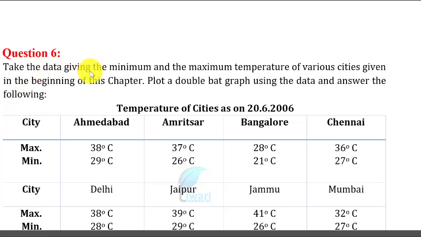Take the data giving the minimum and maximum temperature of various cities given at the beginning of this chapter. Plot a double bar graph using the data and answer the following. So the temperature of cities as on 26/2006.